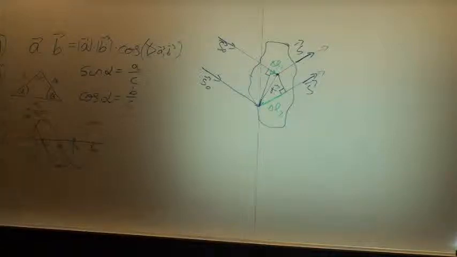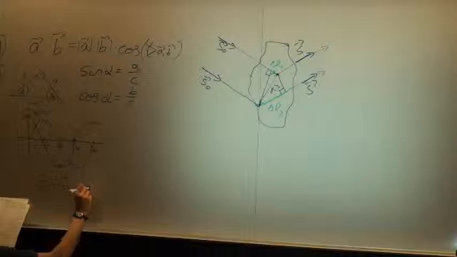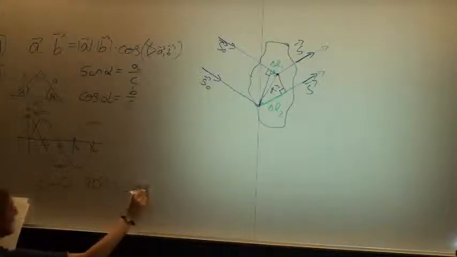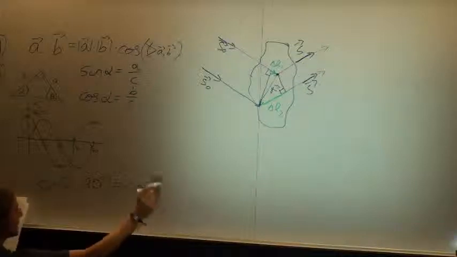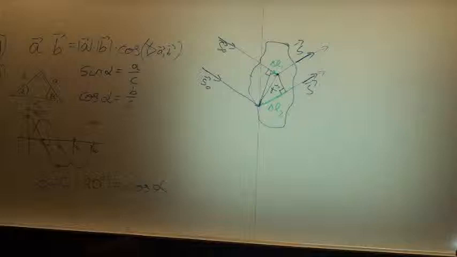A 90-degree difference, right? So we can write that the sine of an angle minus 90 degree is equal to the cosine of that very same angle. Okay? That's the relation between those two.